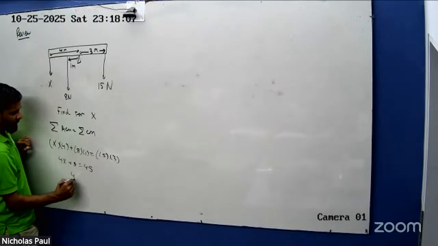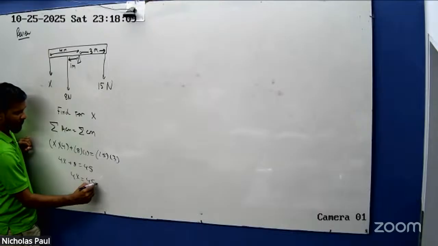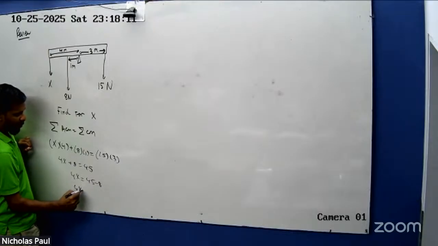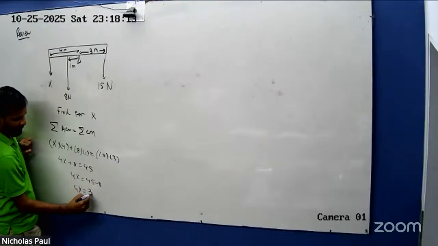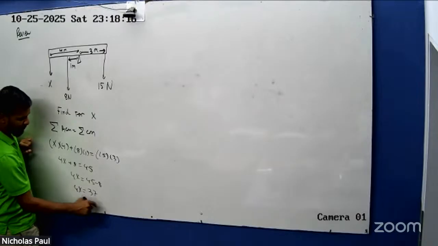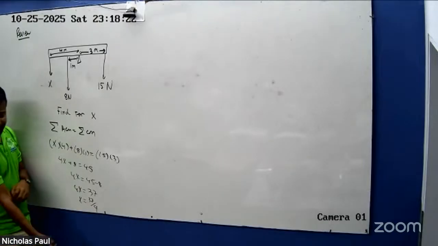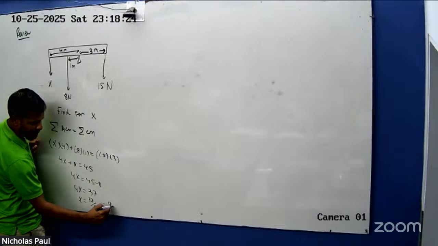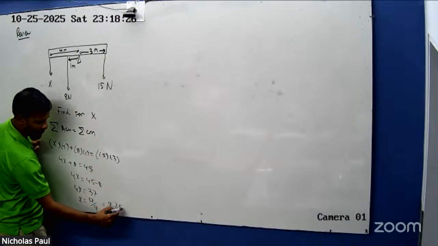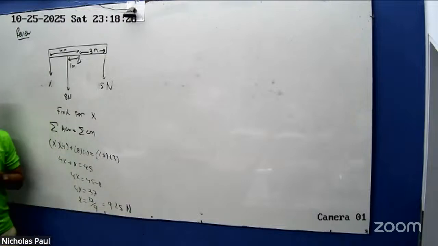Move across the 8. So you will get 4x is equal to, how much is that? 37. So x is equal to 37 divided by 4. Right? How much you got there? 9.25 or something? Are you okay with that?